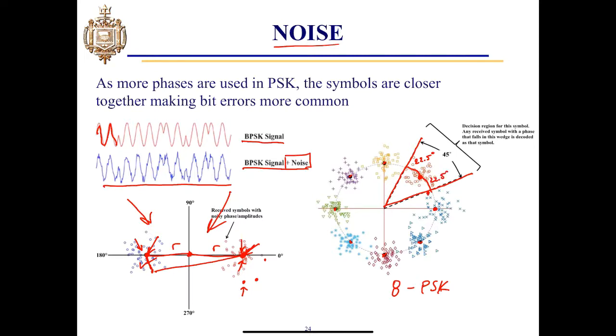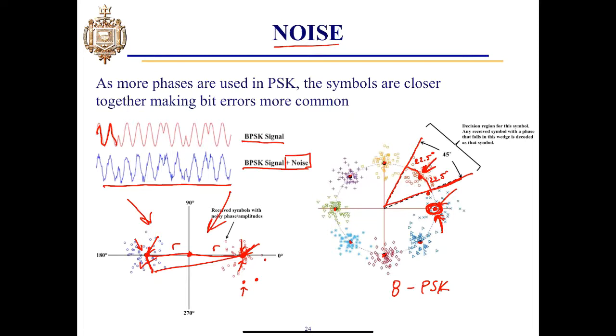Notice if that symbol falls outside of that range, the receiver is probably going to assume they meant to send this symbol instead. So we sent this one, but since it ends up here, the receiver thinks it meant to send that one. So this is where you get some bit error, which is bad in communications.